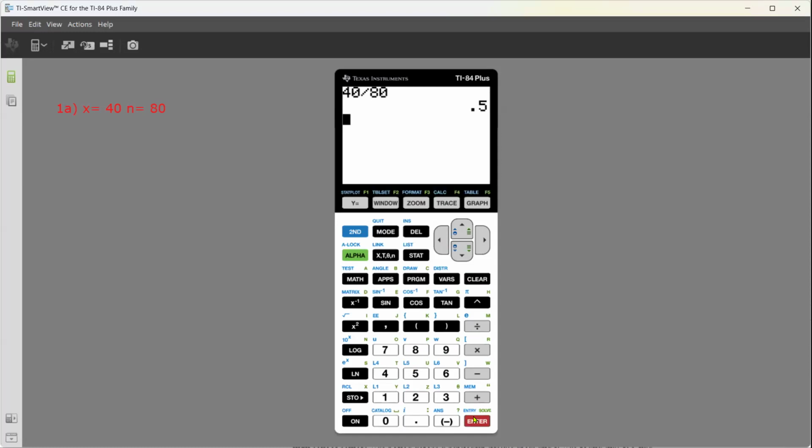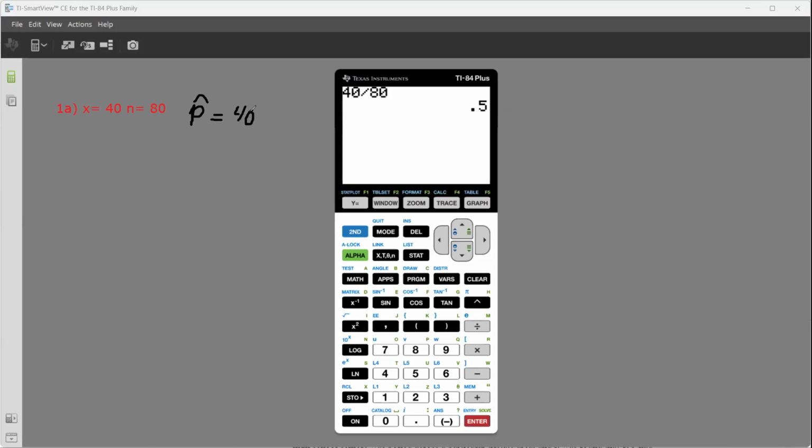So p hat is 40 over 80. So this is equal to 0.5.